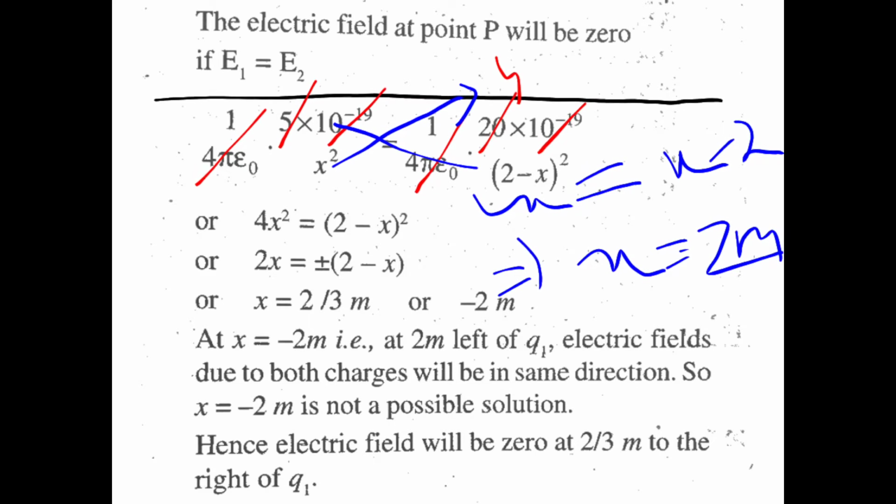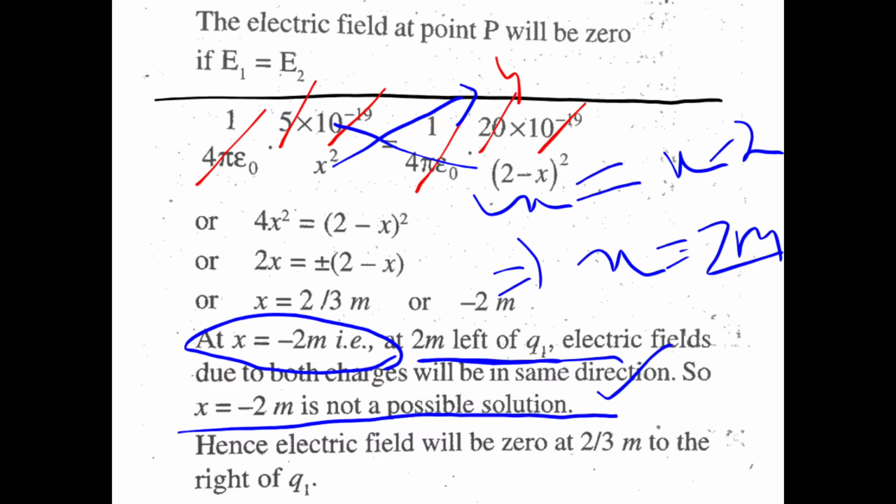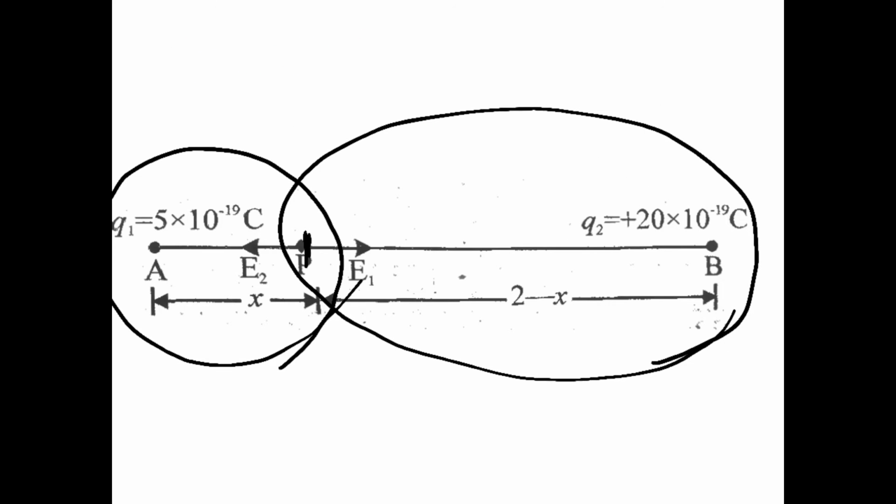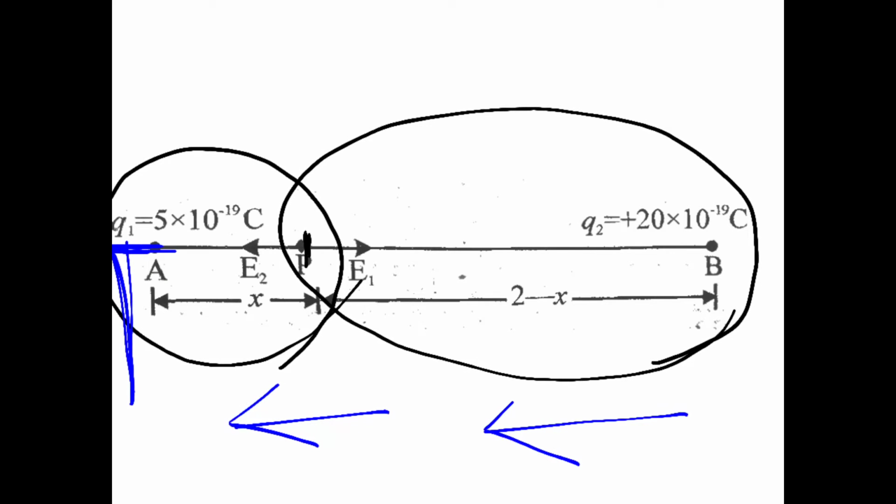Okay, this is the solution of this. So at x is equal to minus 2, that is 2 meter left of q1, the electric field due to both charges will be in the same direction. So this is not a possible solution, so this is not the required answer.